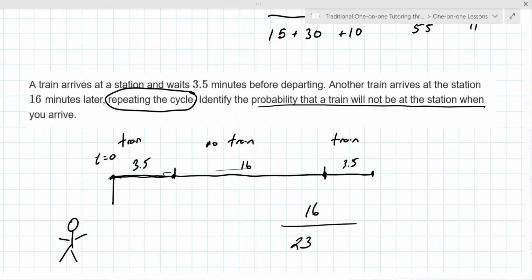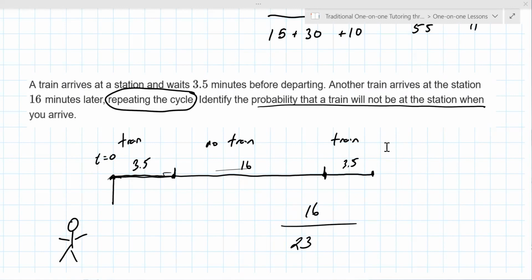So put that into your calculator and tell me what you come up with, please. 0.69. 16 divided by 23 is 0.69. Interesting. Did you add these up correctly? You did. Really interesting.